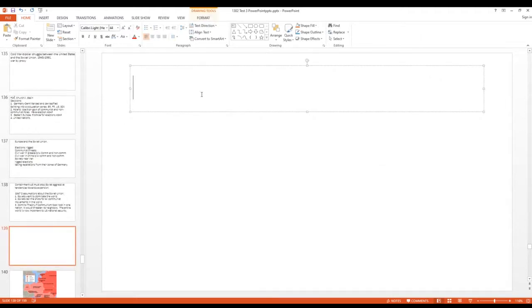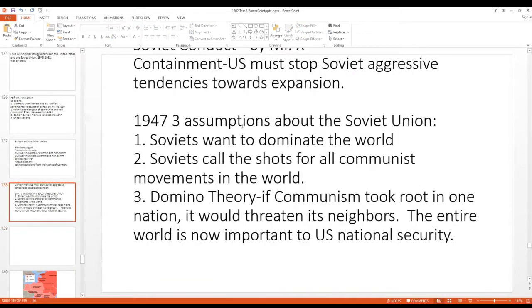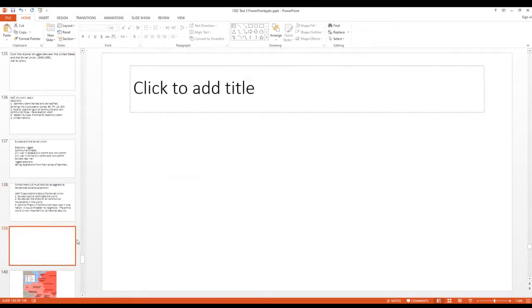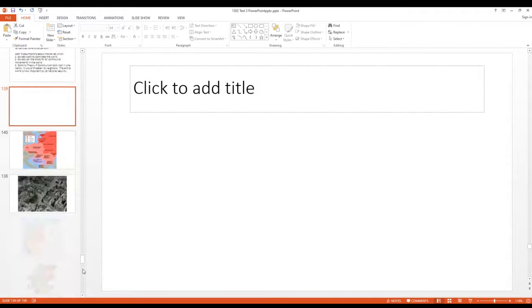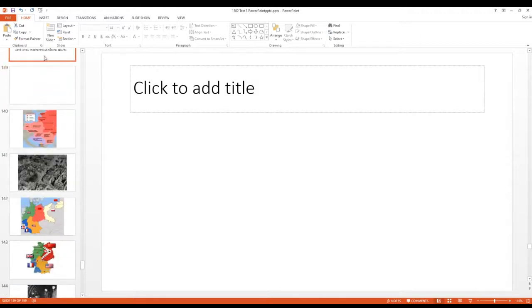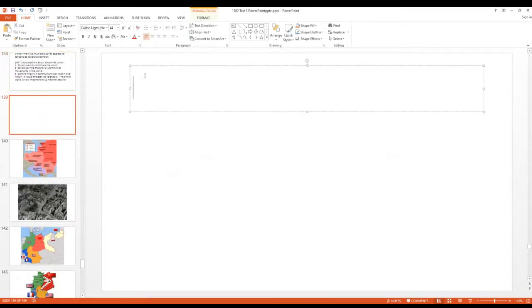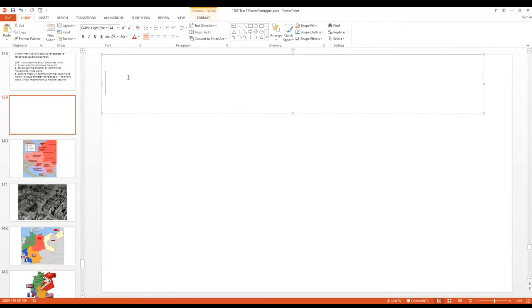So this all kind of comes together in 1947. We have these ideas, but programs to spend the money start to come into place also in 1947. The first one was something called the Truman Doctrine.